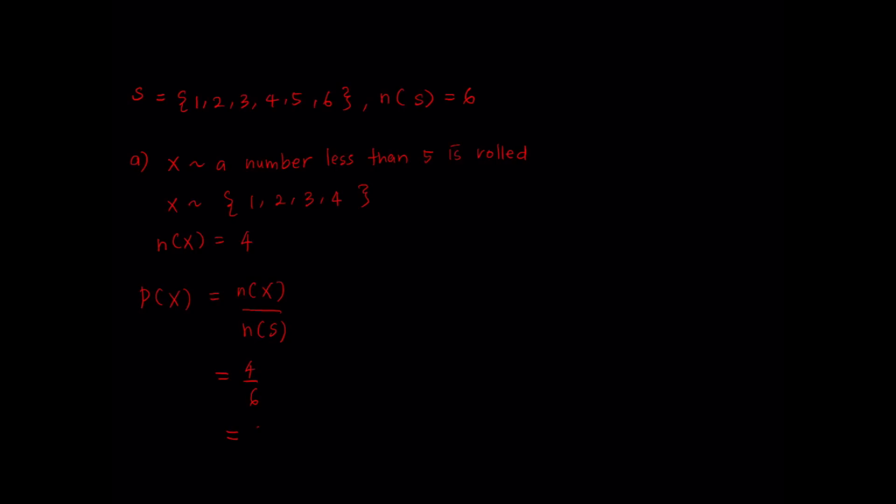Simplified, we get 2 over 3. So that's for question A. For question B, we want to find the probability of getting an odd number. So let's use Y to represent that event.